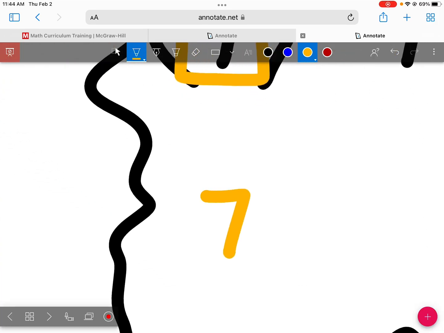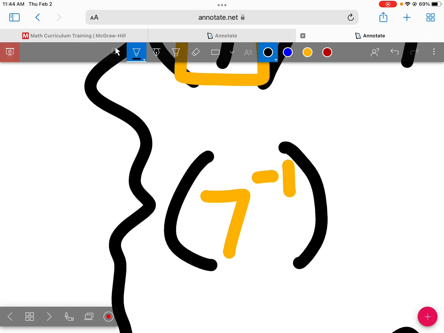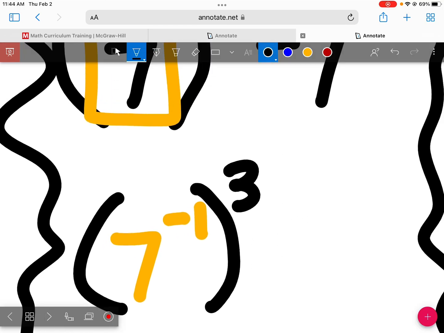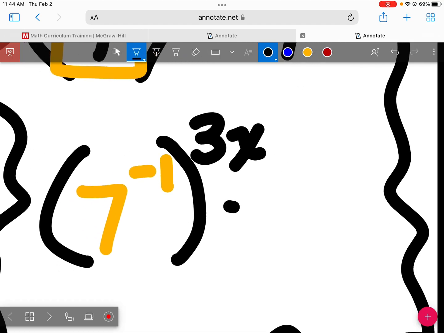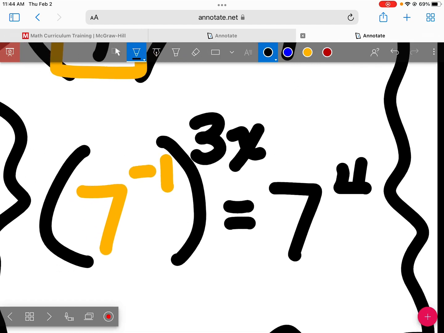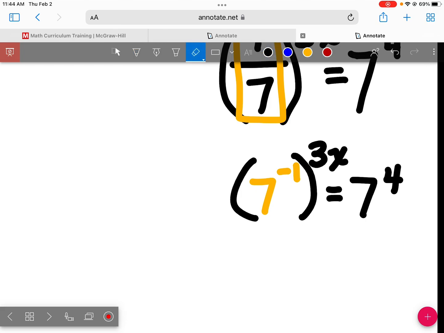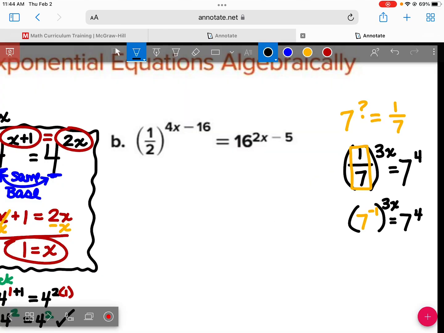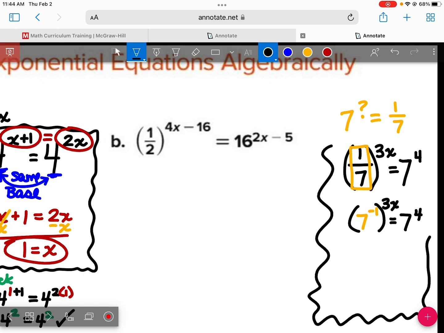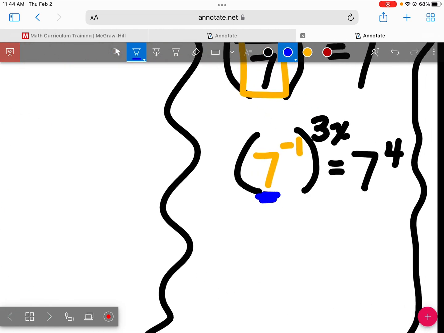So 7 to the negative 1 is another way of writing 1/7. And then to the 3x equals 7 to the 4th power. I'm going to need a bigger bubble here. Do the bases match now? Yes. Same base.